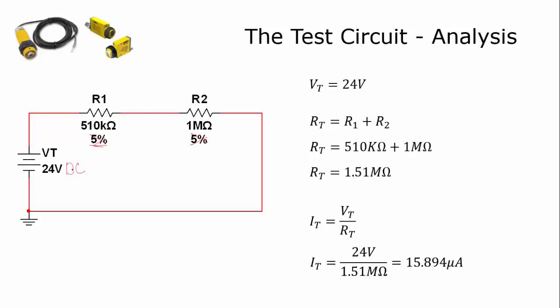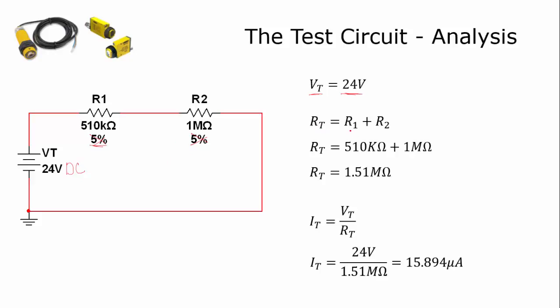So let's do some calculations on this circuit. Let's find out what the current is in this circuit. Well, I already know that VT is equal to 24 volts. To find the current in a series circuit, it's going to be the total voltage divided by the total resistance. Resistances in series add.